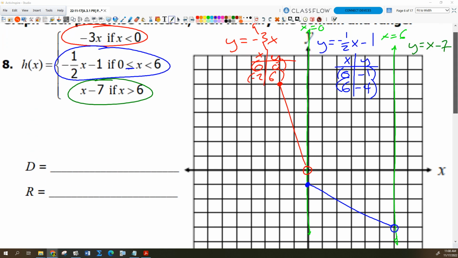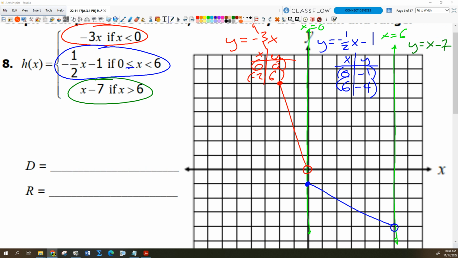And then finally, what about up here at the green piece of this? What's one value we definitely plug into the green portion? 6, because that's the endpoint. Okay, so what's that give me? If I plug 6 in for x, what do I get for y? -1, yeah. 6 minus 7 is -1.